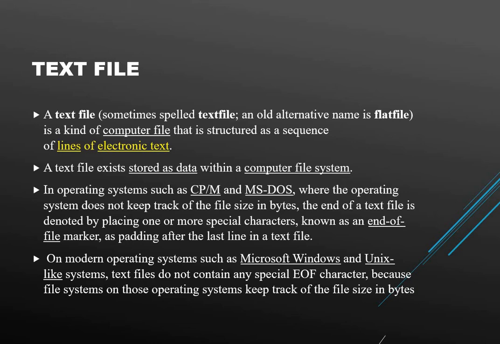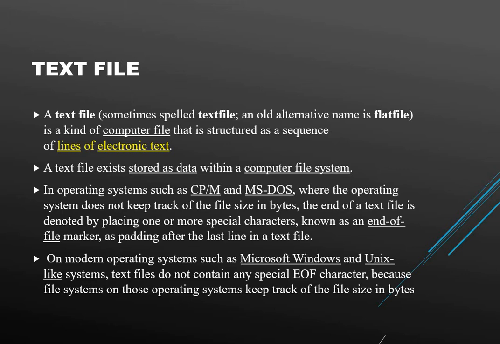A text file is a kind of computer file that is structured as a sequence of lines of electronic text, and a text file is stored as data within a computer file system. All right. The way of reading these text files is different in different operating systems.